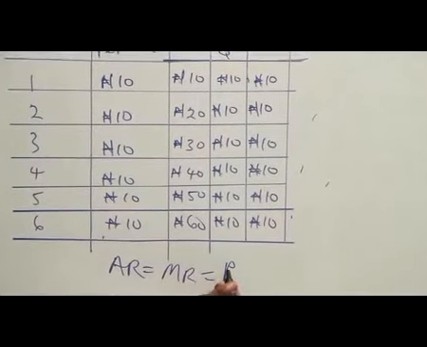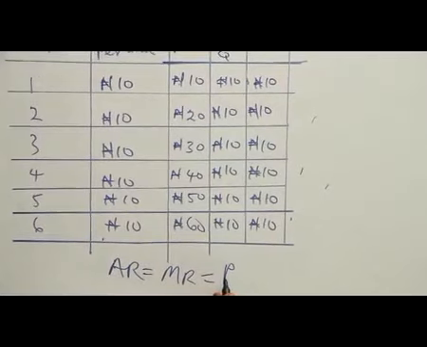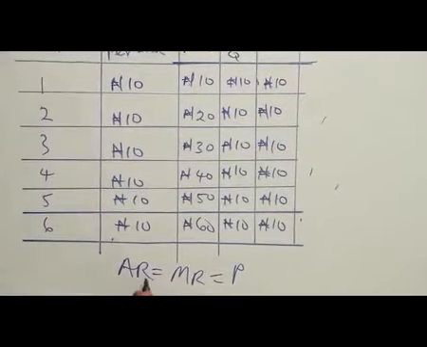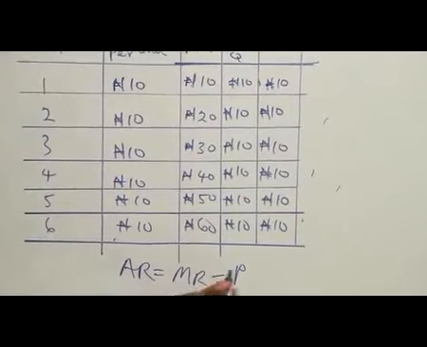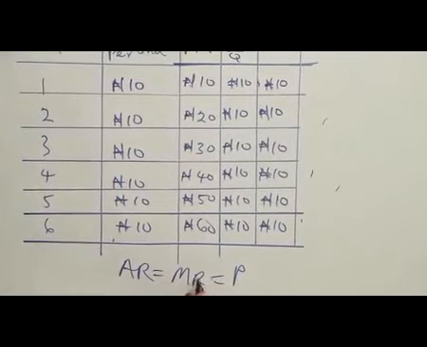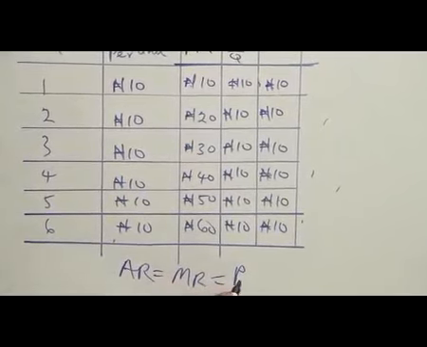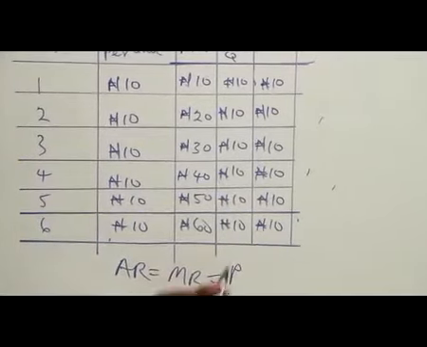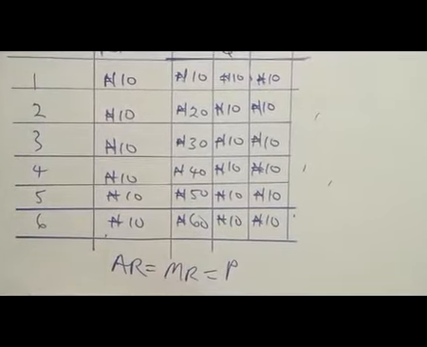We have already said that under perfect market, the price is always equal to average revenue. And why do we have average revenue equal to marginal revenue? Because the price is fixed, the price is constant in these markets.